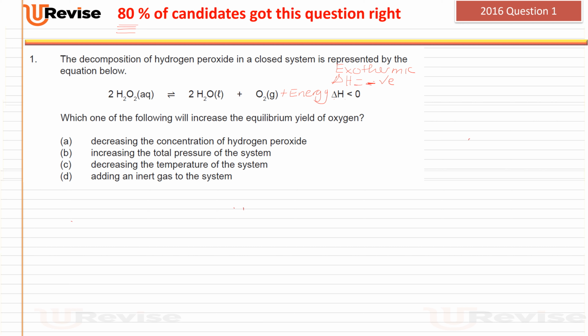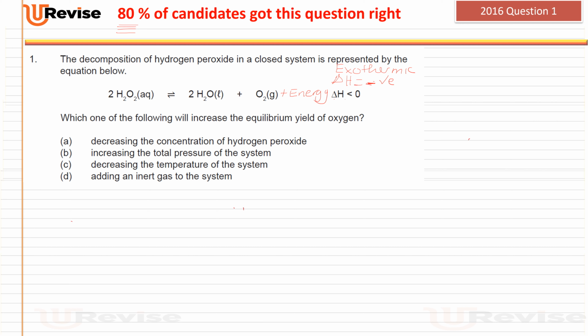The question reads, which one of the following will increase the equilibrium yield of oxygen? The first answer reads decreasing the concentration of hydrogen peroxide.